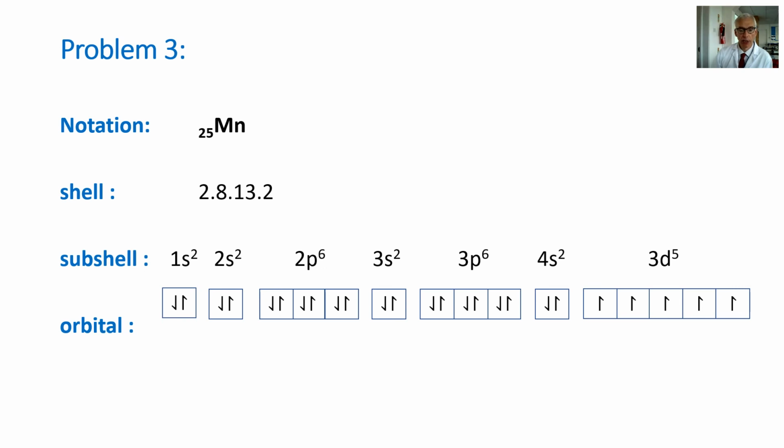2,8,13,2. Now you may not be entirely happy with that, but I'll show how that 13 arises. Remember, we fill 4s before filling 3d. So it's 2,8,13,2 is the shell notation for manganese. Easier to write the subshell, 1s2, 2s2, 2p6, 3s2, 3p6, 4s before 3d. So 4s gets filled before 3d, and then these are in the third shell.